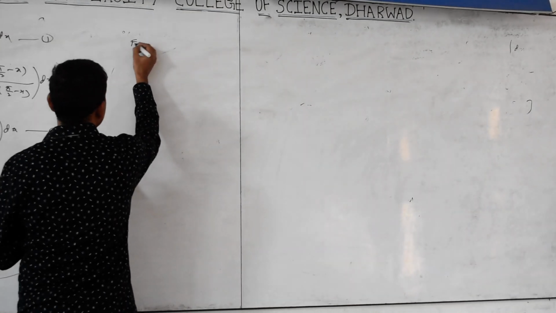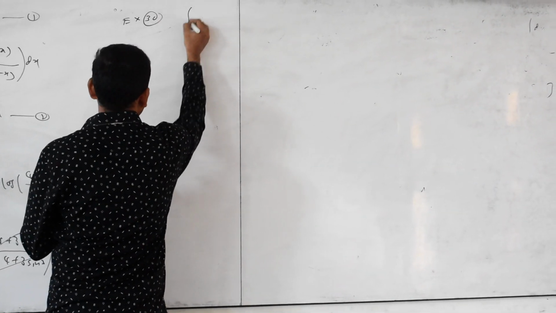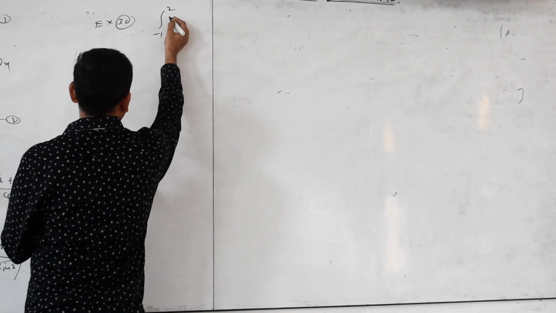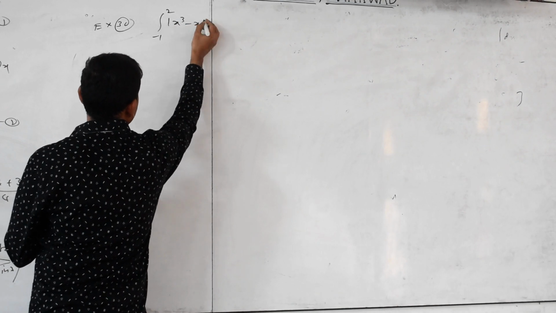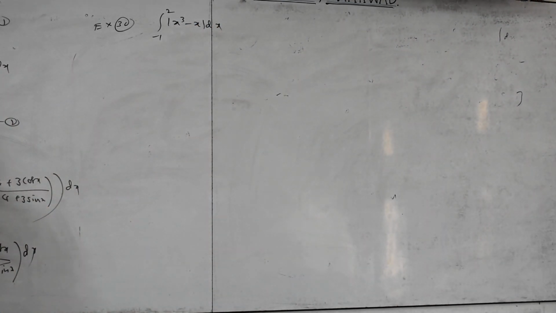Integration of example 30: the integral from -1 to 2 of mod of x cube minus x dx.